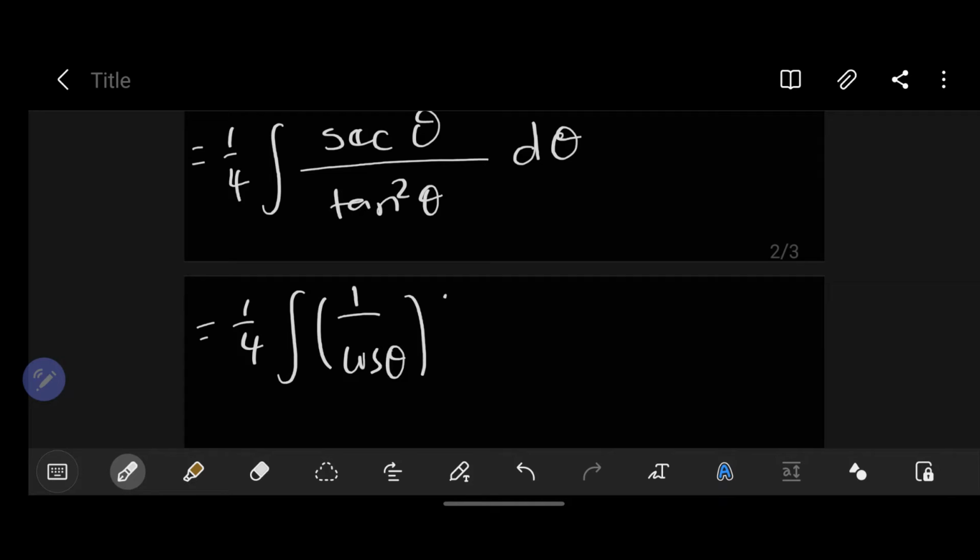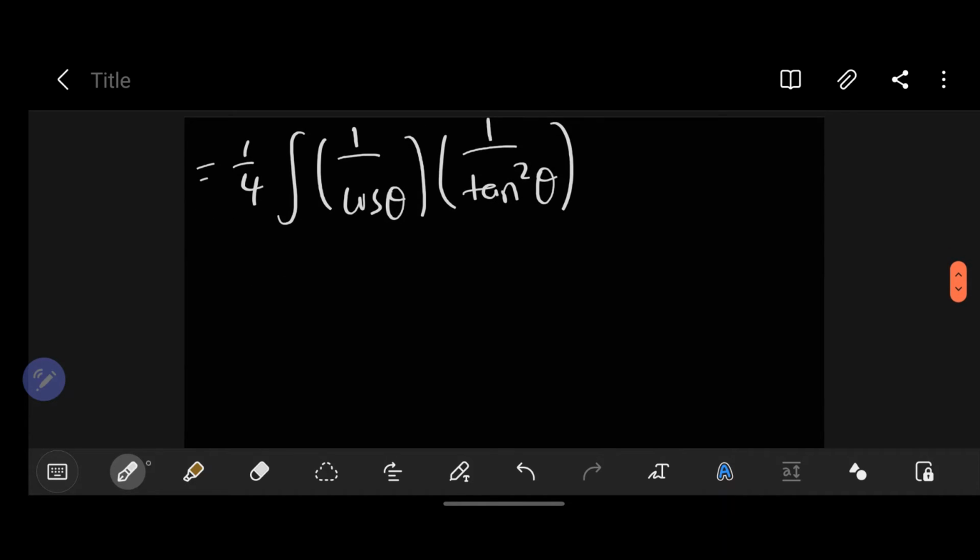That's secant theta times 1 over tan squared theta. But 1 over tan squared theta is the same as 1 over sine squared theta over cos squared theta, which is the same as cos squared theta over sine squared theta. So just so that you're not confused, let me write it down.